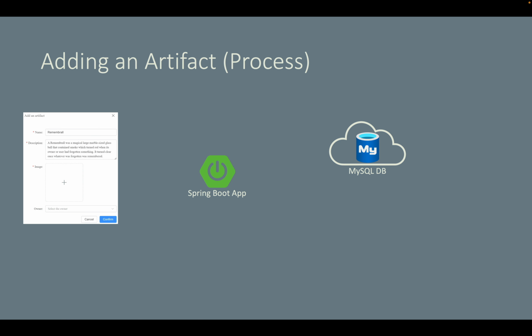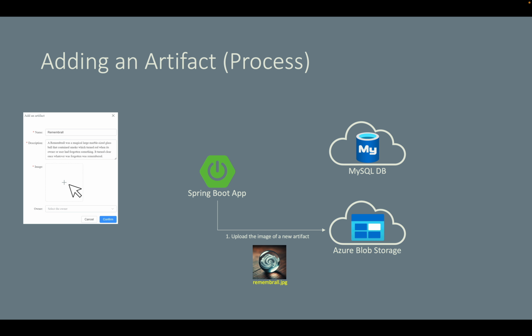It turns out that after entering the name and description of this new artifact, we can click this plus sign, select an image, and upload it to a blob storage server. So this is an API call before the add an artifact API call.